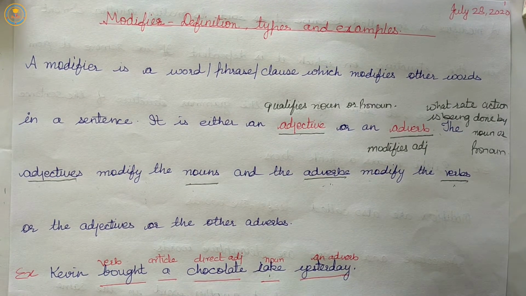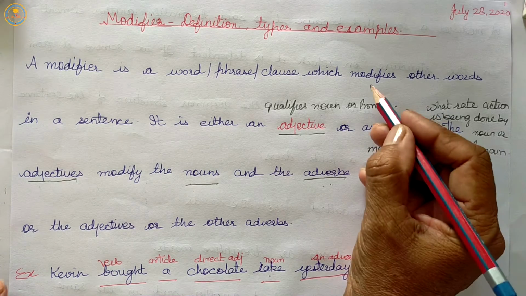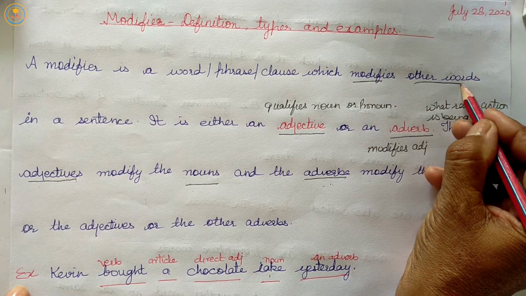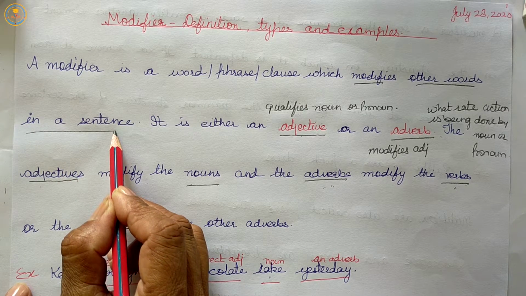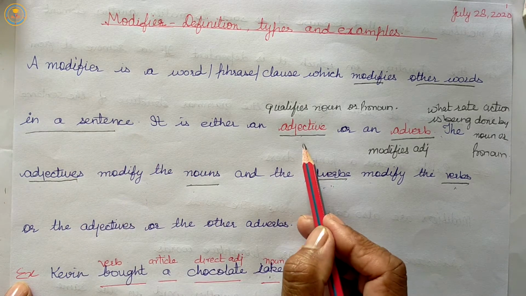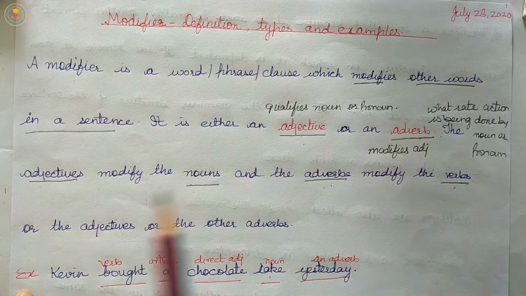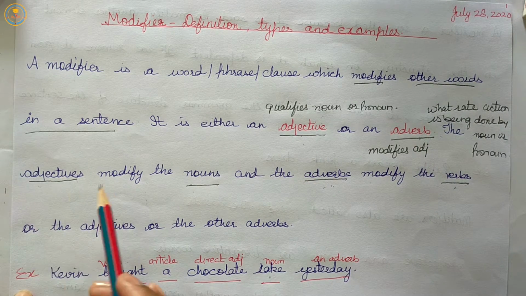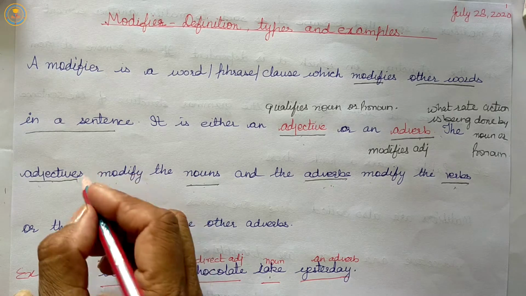So what is a modifier? A modifier is a word, a phrase or maybe a clause which modifies other words in a sentence. It is either an adjective or an adverb. Adjectives modify the nouns.